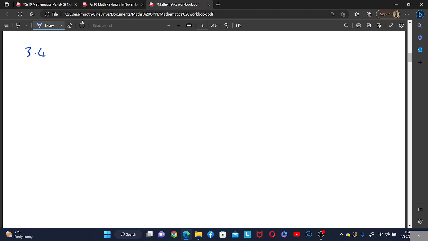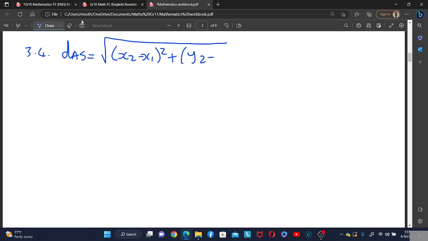Let's find the distance of AS. So it's the square root of x2 minus x1 squared plus y2 minus y1 squared, right?